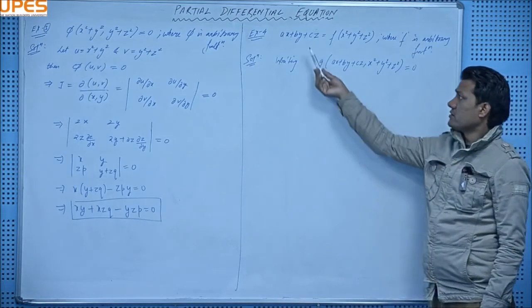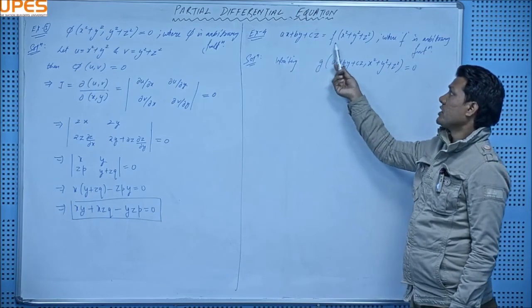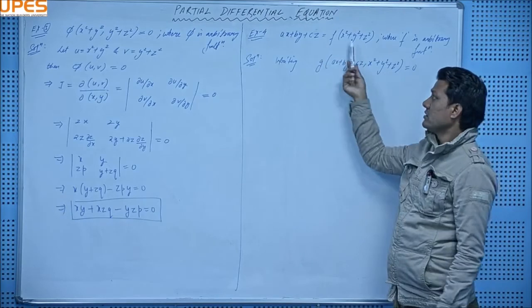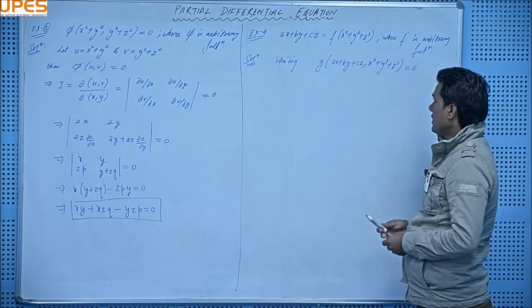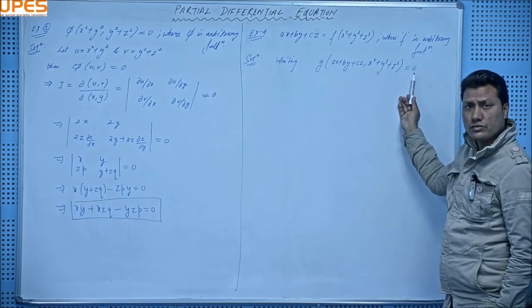You know how to write this in this form, because this suggests that ax plus by plus cz is equal to some function of x square plus y square plus z square, or we can say that when there is a function, there is a relation, right? And g of this thing comma this thing equal to 0.